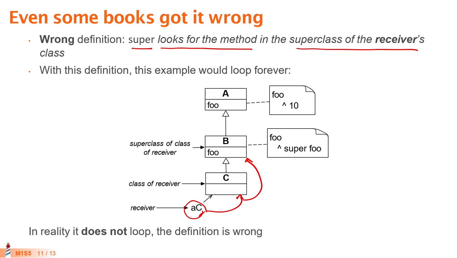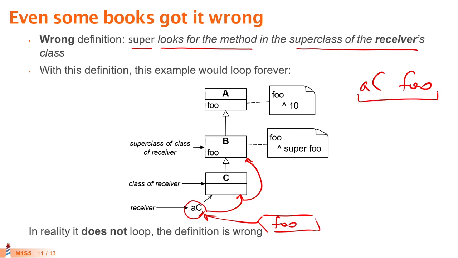Let's see with an example what happens when I send to this C instance the message foo. We are going to send a message foo to a C, doing a C foo, and this will do a normal message send with a normal method lookup. It will take the C instance, take its class, and then look up the method foo starting from there. C doesn't define a method foo, so it will look up in the superclass B, and it will find foo defined as this.